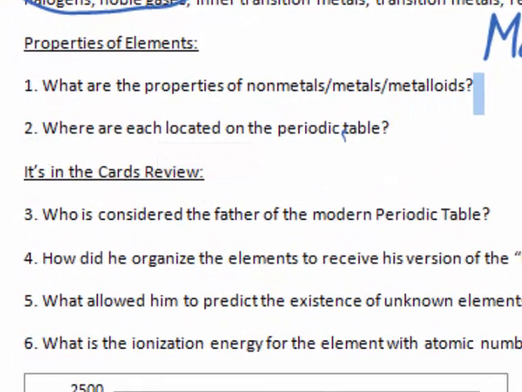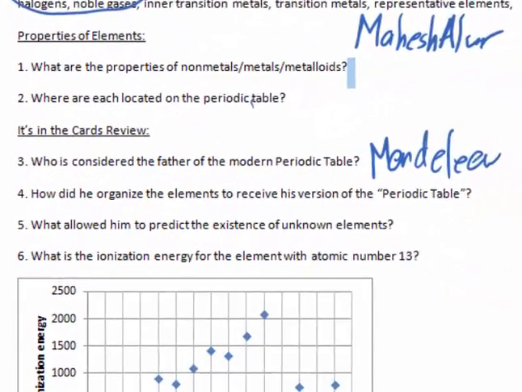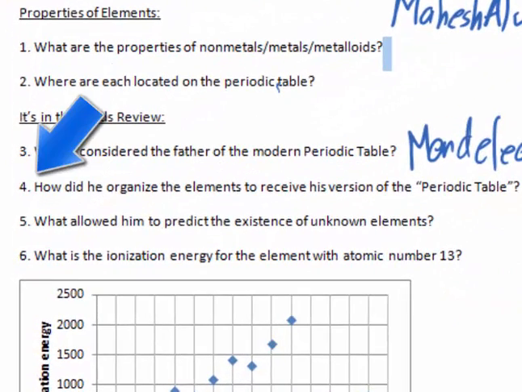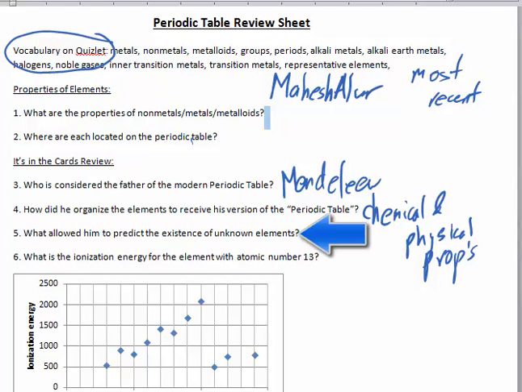Number 3, who is considered the father of the modern periodic table? And that is Mendeleev. How did he organize the elements to receive his version of the periodic table? He organized them based on chemical and physical properties of elements. Number 5, what allowed him to predict the existence of unknown elements?